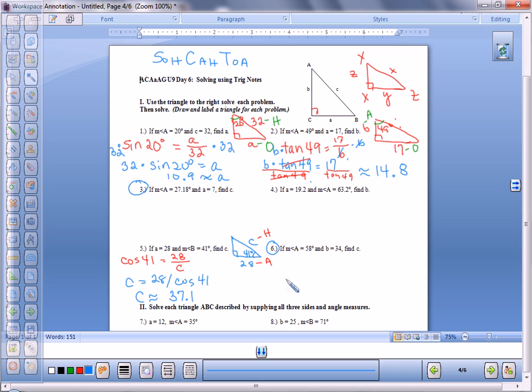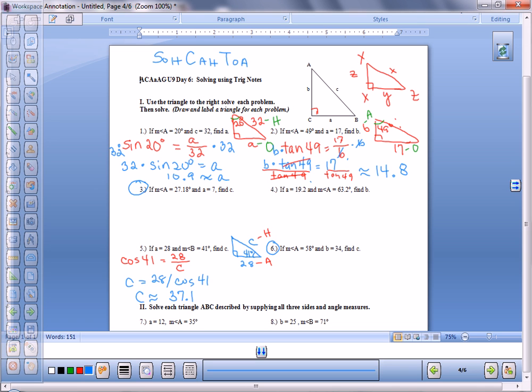After you've gotten the correct answer for number 5, try 3 and 6. Now, if you're struggling, this is your time to ask for help. Not even struggling. If there's any one little thing that doesn't make sense, just even one little thing, please stop me. Always come.